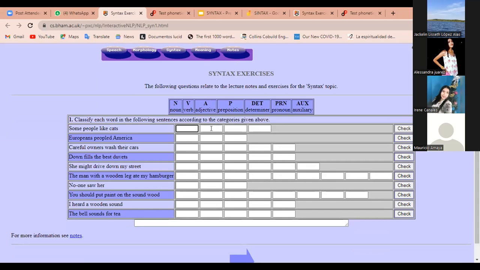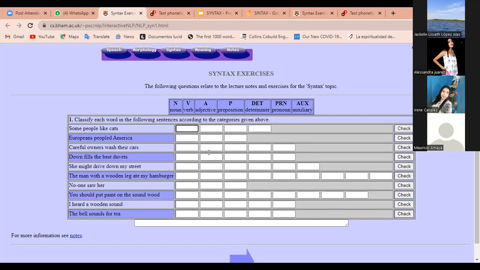Okay, so in this space, for example, how many words does this sentence have? 1, 2, 3, 4. Yeah, and here we have 4 spaces too, one for each word. And here we have the parts of speech: N, noun; V, verb; A, adjective; P, preposition; D, determiner; PRN, pronoun; AUX, auxiliary.